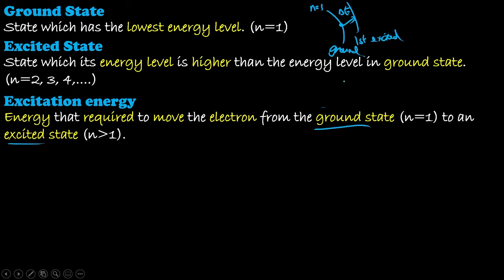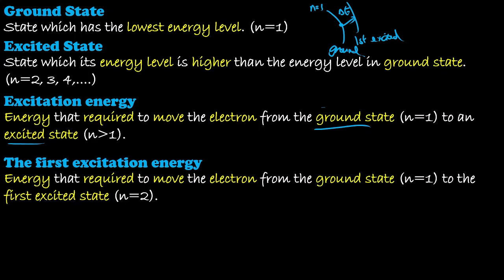So when we say excitation, it means moving from the ground state to a higher orbit or higher excited state. Let's say it moved from the ground state to the first excited state, we name it the first excitation energy, the energy required to move the electron from the ground state to the first excited state. If it moved to the second excited state, it is called the second excitation energy.